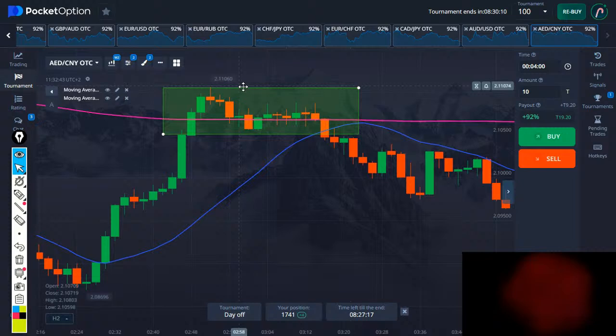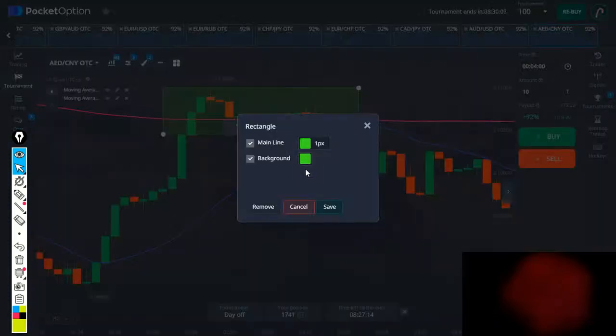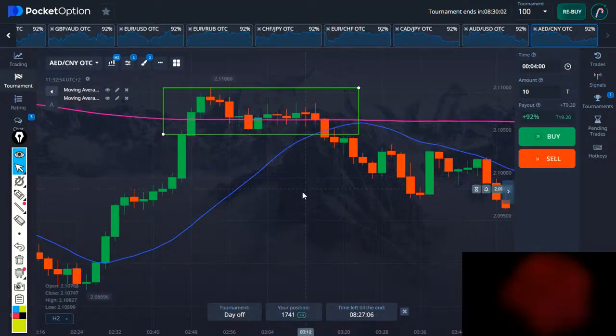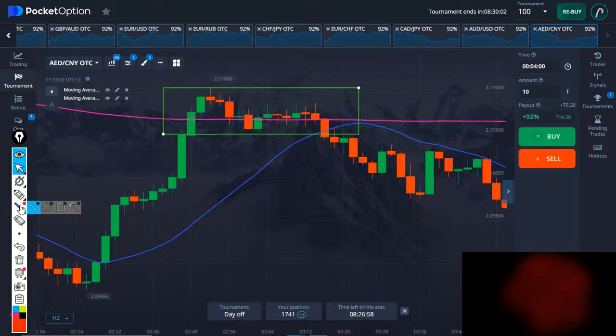Let me make it visually more appealing. All right. So in this case, you need a strong, let's use red. You need a strong bearish bar, right?